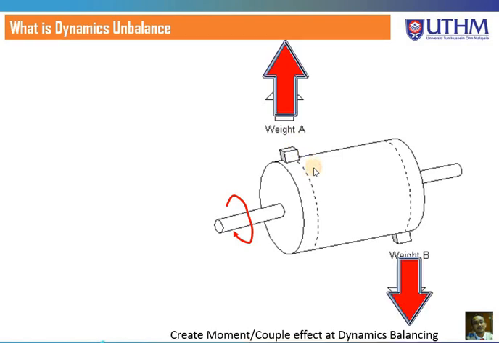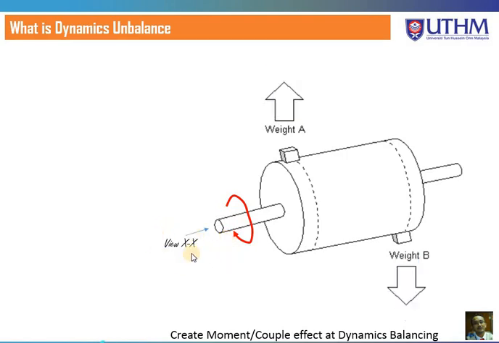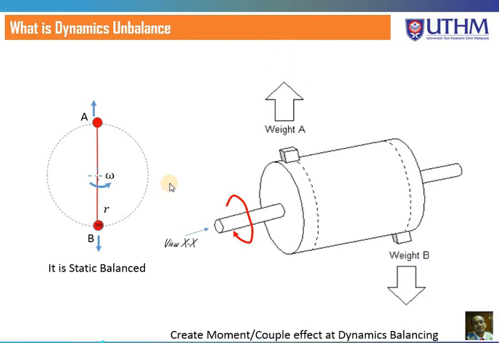But when we refer to the distance between mass A and mass B, the system actually has a moment or couple effect acting on the system itself. When we look at view XX, by right the system is in static balance because mass A and B are the same mass.